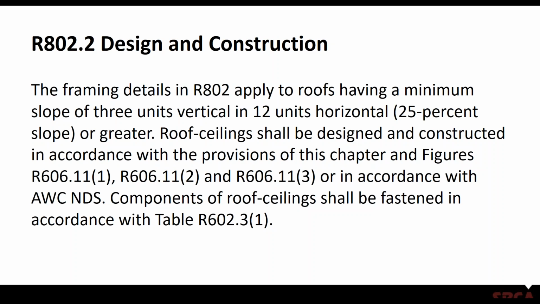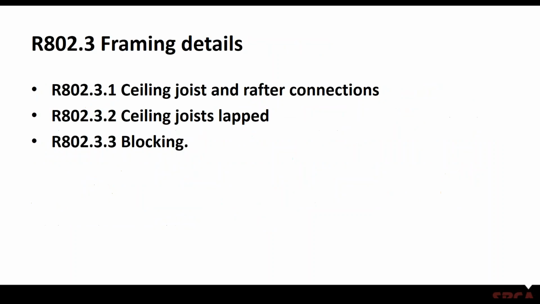And then components for roof ceiling shall be fastened in accordance with table R602.3. That's in the wall chapter, and that is a rather lengthy table that provides prescriptive connection requirements for a whole bunch of different types of connections. We'll get into a little bit more specifics on that a little bit later in this talk.